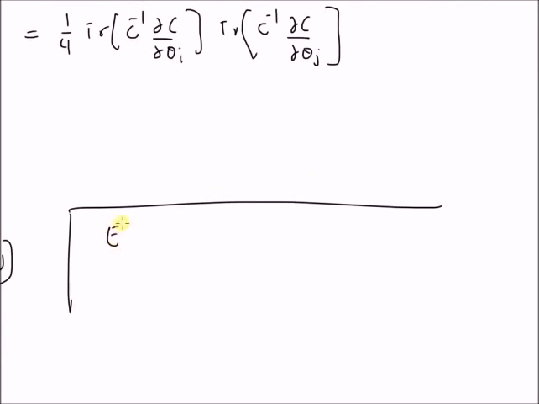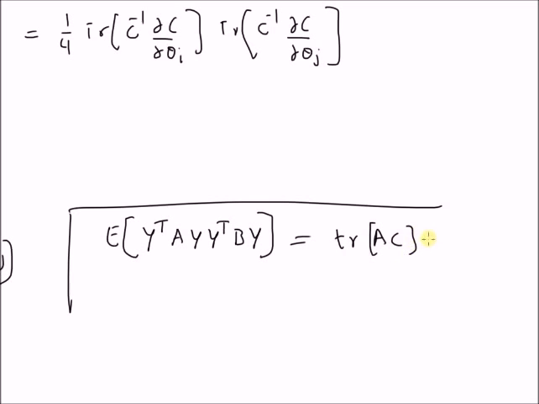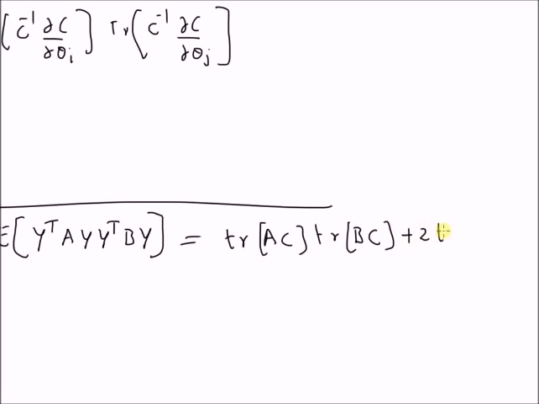That is, expectation of the product defined as y transpose A y into y transpose B y is equal to trace of A into C, trace of B into C, plus 2 times trace of AC BC. That is, the product is A C B C, where C is equal to expectation of y times y transpose.